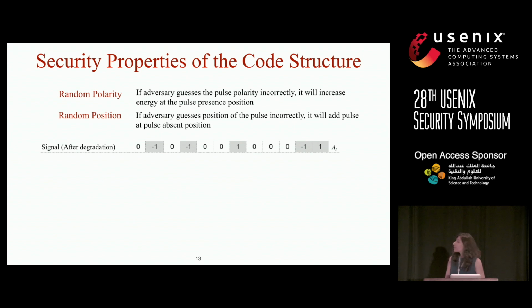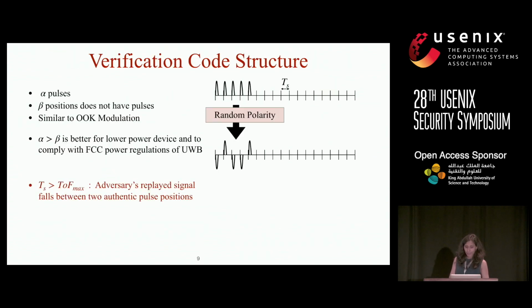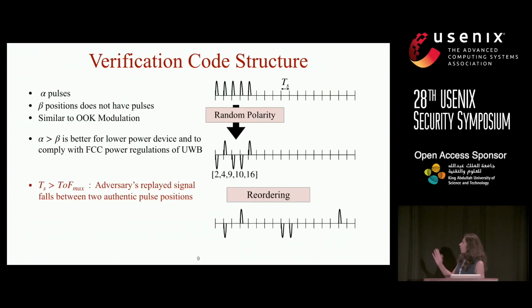Yeah, sure. Over here we said that we will have a signal which has some pulses at some positions and not at other positions. The attacker doesn't know where these pulses are present, and these pulses are very, very narrow, like 2 nanoseconds.